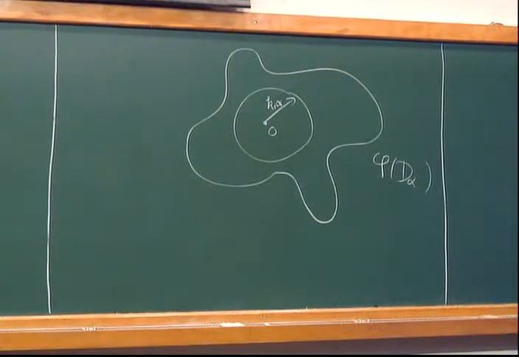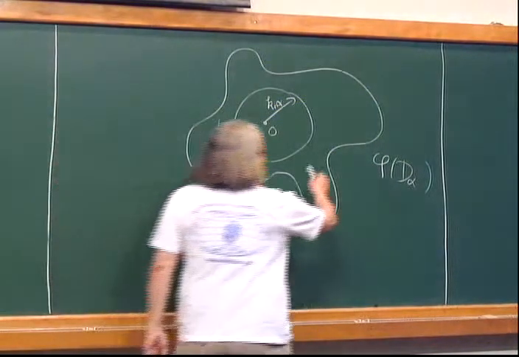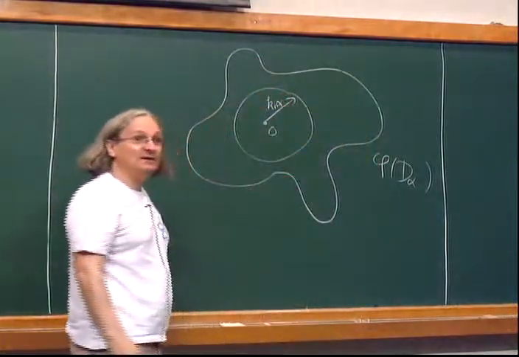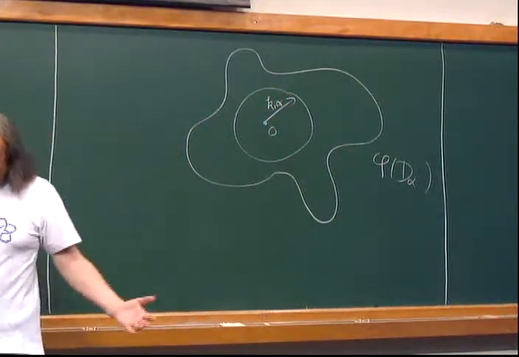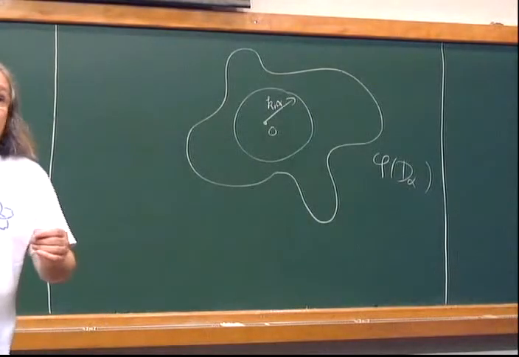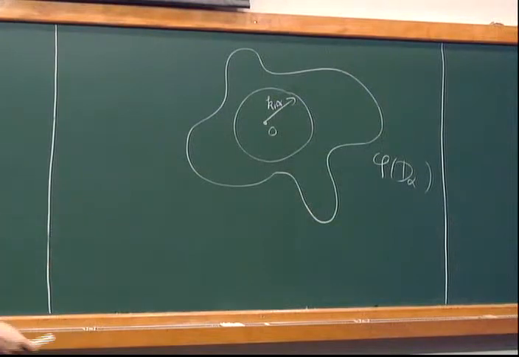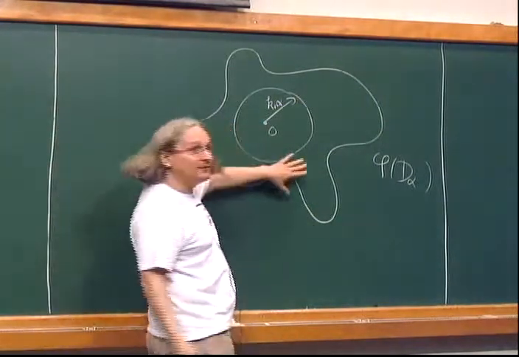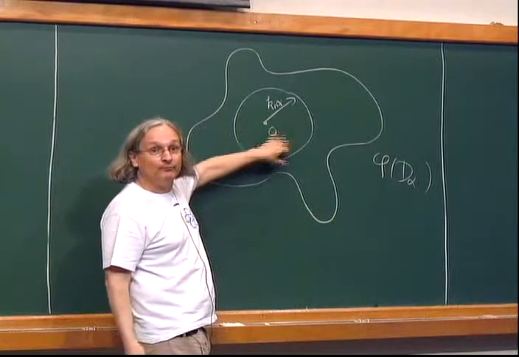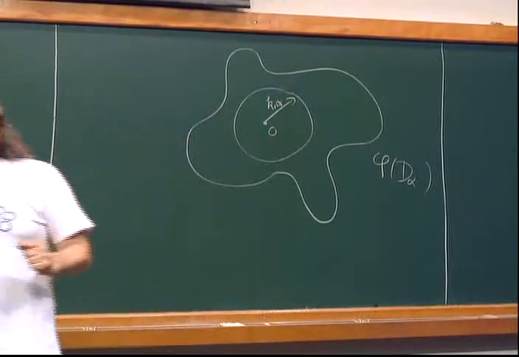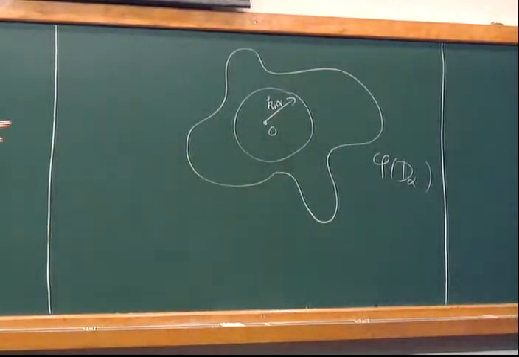Okay? Now, what can we say about this Jordan curve, which is the boundary of phi of D alpha? Well, I claim that it is a Jordan curve going around the origin with index 1, just because the origin is inside the interior of the Jordan curve. Now, what do we know about the length of the boundary of phi of D alpha?